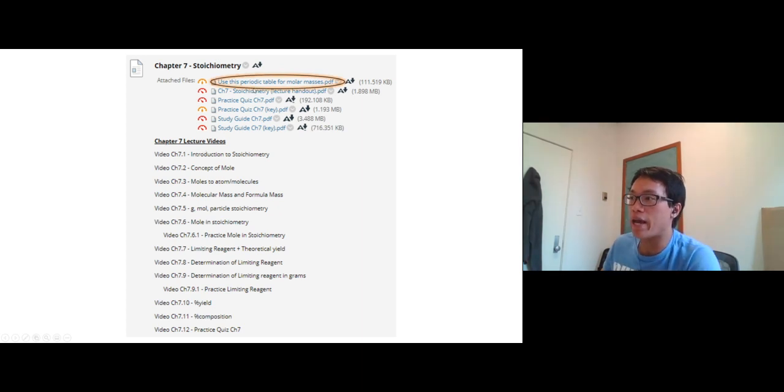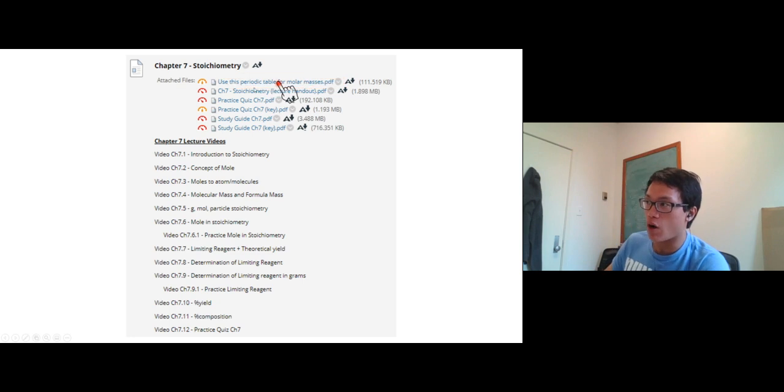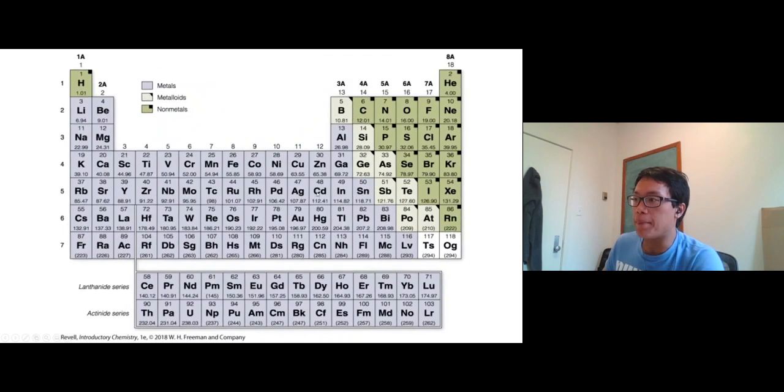Now, if you look on your blackboard, I have posted the periodic table, and I hope that we use it together. If you click on that, you're going to see it right here. If you look at a different periodic table, this number, for example, carbon's 12.01, could be different, slightly different by the significant figures. So to reduce the confusion or the difference in your calculation, let's use the same periodic table.